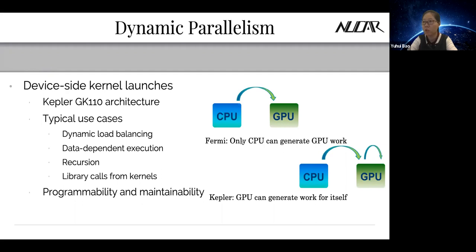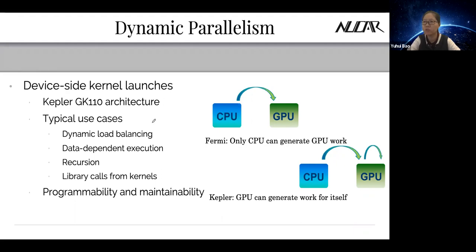But now there's another feature called dynamic parallelism. We can make the GPU generate work for itself. It starts from the Kepler architecture; before that we didn't have this feature.